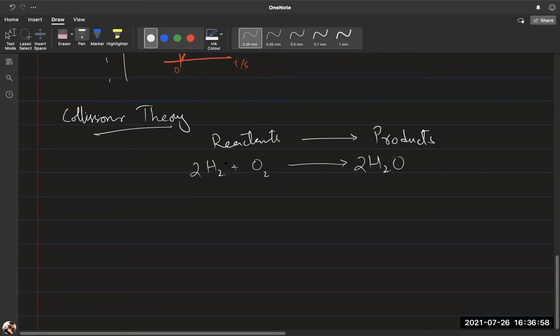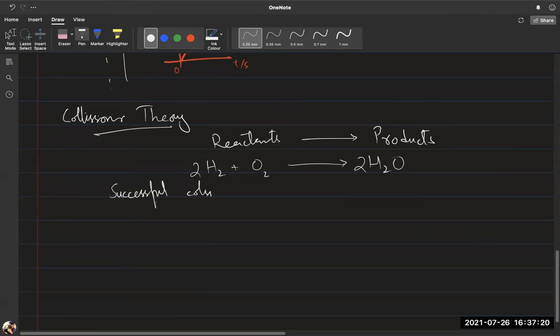Secondly, these collisions must have some basic energy. In the last chapter, we talked about activation energy. So when these collisions happen with activation energy, the minimum energy required to start the reaction, only then will they produce the product. This kind of collision we call a successful collision.